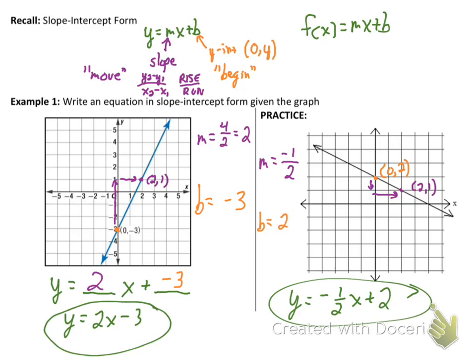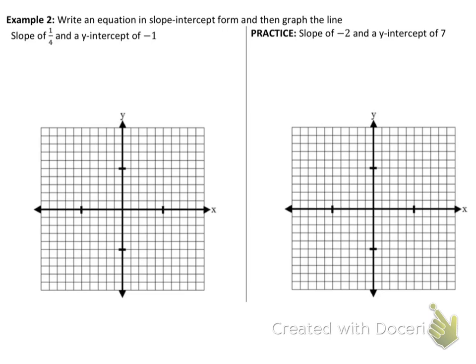Okay, so the next concept is writing an equation given the slope and the y-intercept. So these should be pretty quick if you're given the y-intercept as your point, because you'll see in this first example, I have a slope of 1/4 and a y-intercept of negative 1. So if I just fill this out, y equals mx, the m is your slope, so that's going to be 1/4, then your x plus b, but your b value is negative 1, so it's going to be 1/4 x minus 1.